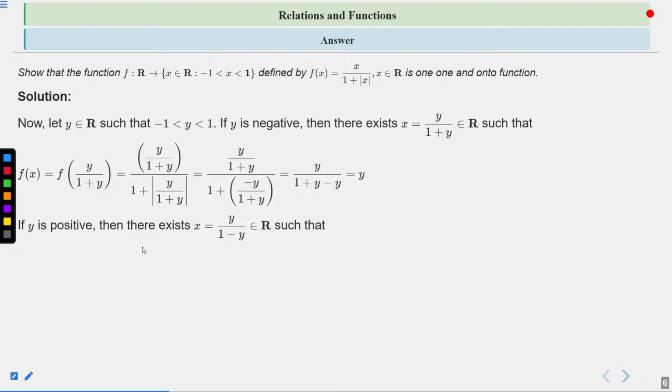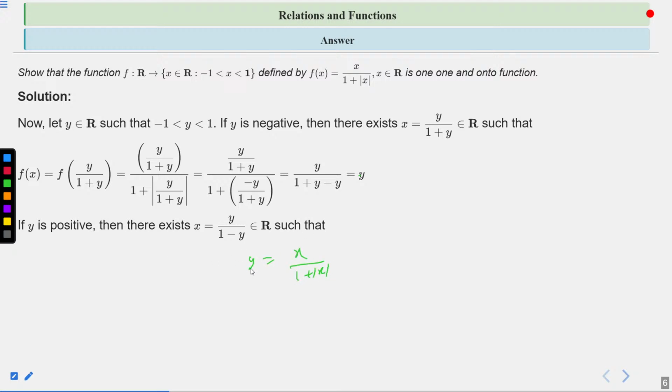If y is positive, this condition f(x) equals y was for the case when y is negative. Now let us take if y is positive, then there exists x which will be equal to y upon 1 minus y, by the similar way, right? How? When y is given as x upon 1 plus mod x.